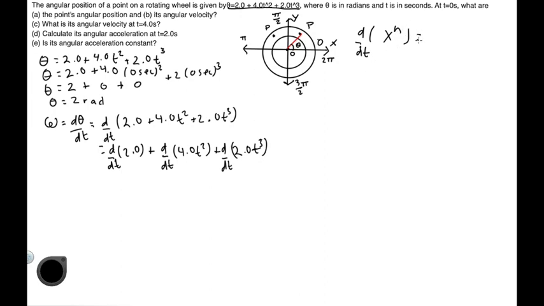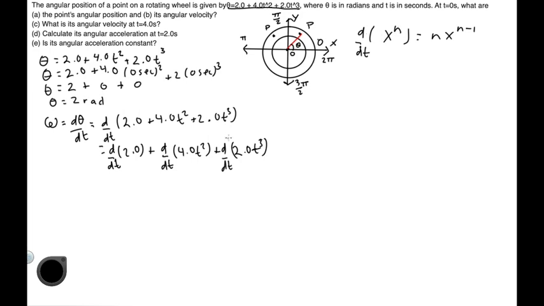So this is going to be n times x to the n minus 1 power. And this applies to all terms in this form, some variable to some number as a power.